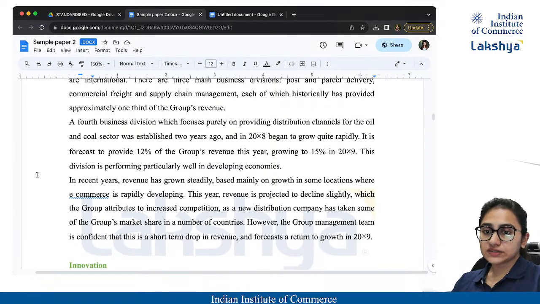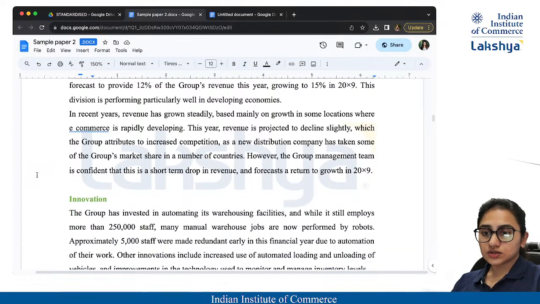A 4th business division which focuses purely on providing distribution channels for the oil and coal sector was established 2 years ago and in 2008 began to grow quite rapidly. It is forecast to provide 12% of the group's revenue this year, growing to 15% in 20x9. This division is performing particularly well in developing economies.